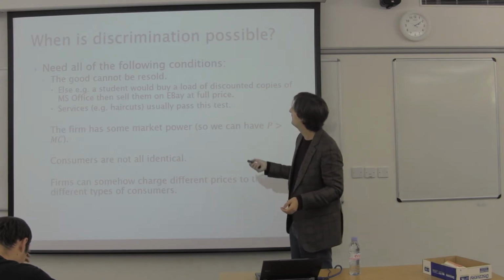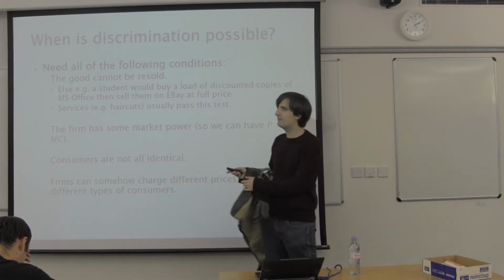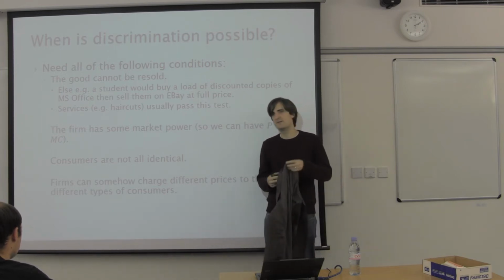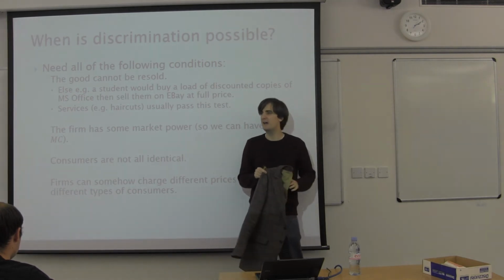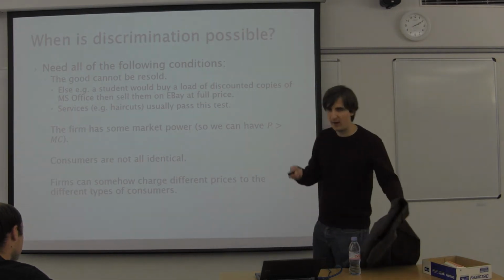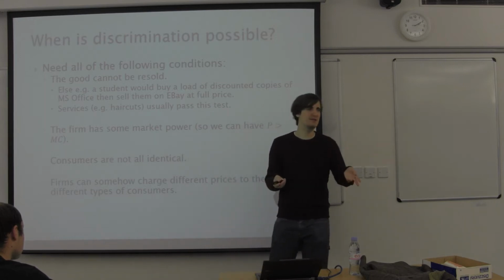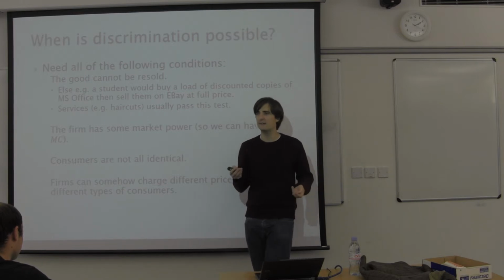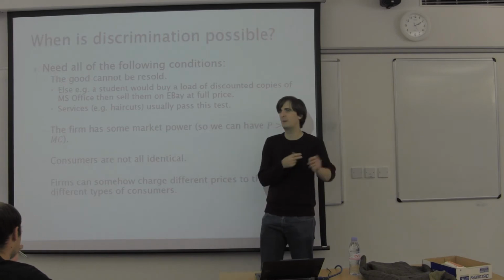Okay, so what do we need for price discrimination to be possible? Well, firstly, for a good, we can't have a resale market in the good. If there was a resale market in cinema tickets, then you students would rationally go to the Odeon, buy a load of cinema tickets at your discounted price, 10% below the market price, and then sell them to people like me at maybe 5% below the market price, and you get some profit, I pay a bit less than I would pay to buy from the Odeon.